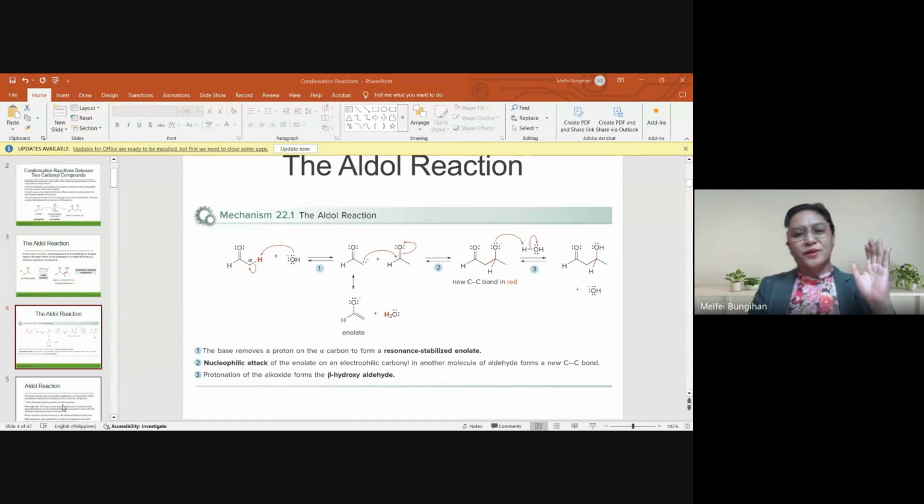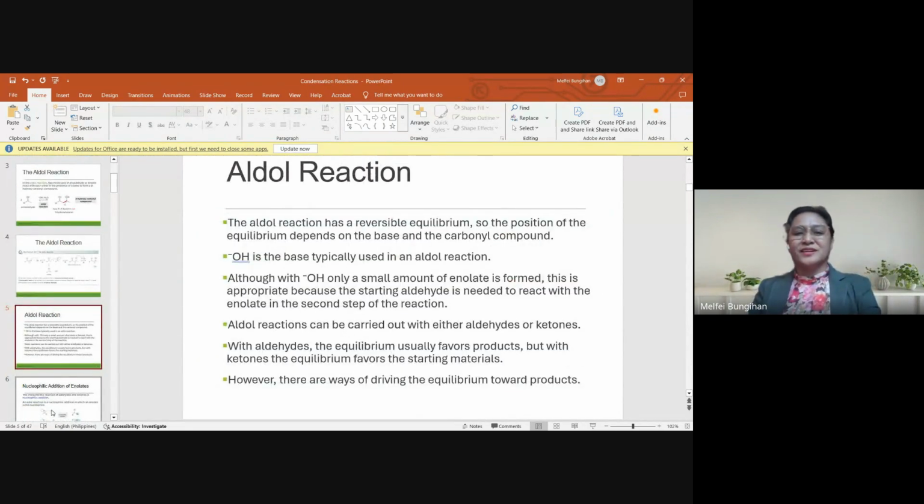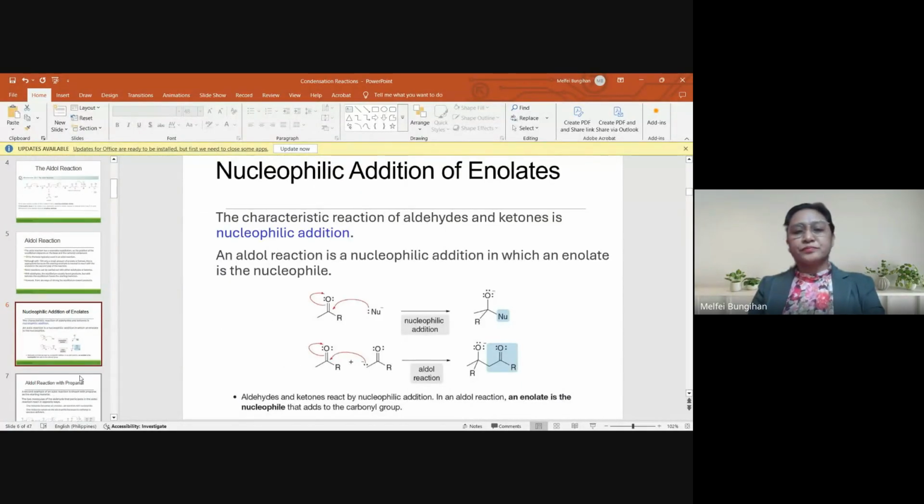The rest of what I've been discussing a while ago are this one: how the base reacts to form your aldol, and how your aldol reaction is called a nucleophilic addition. Basically, the enolate is your nucleophile that forms the CC bond here. So we are saying this is a nucleophilic addition because the nucleophile, your enolate, adds to your carbonyl.